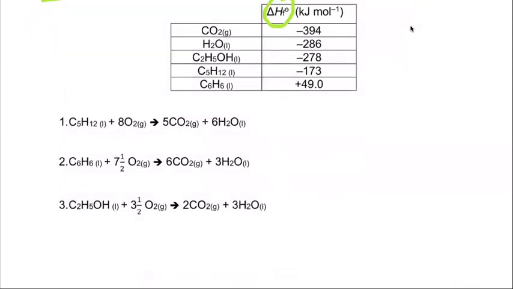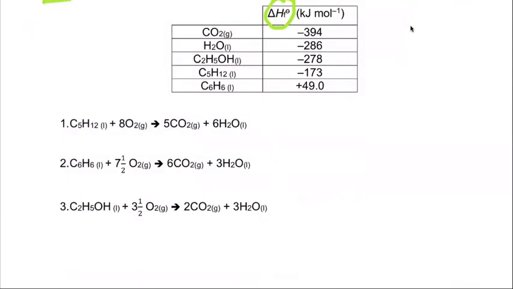Okay, I'm going to come down here to my data table. So here we're going to do number 1 together, and then 2 and 3 are going to be what you're going to work on your own. So how this works. Number 1, if I'm asked to do this with delta H of formation, which I am because I can see that's labeled in this data table, first thing I need to do is check, are there any elements in my chemical reaction?